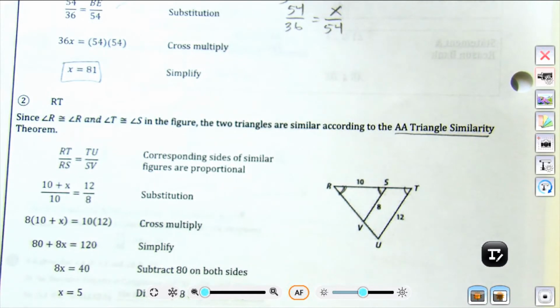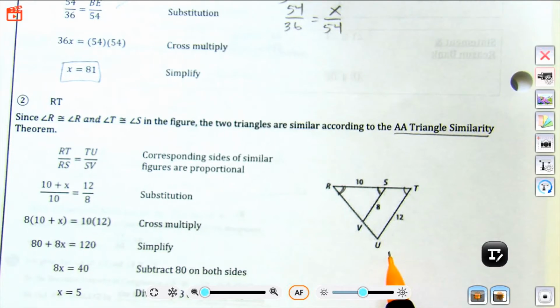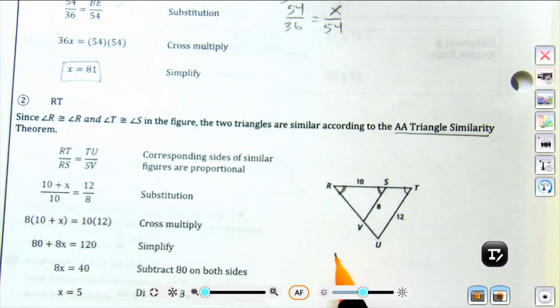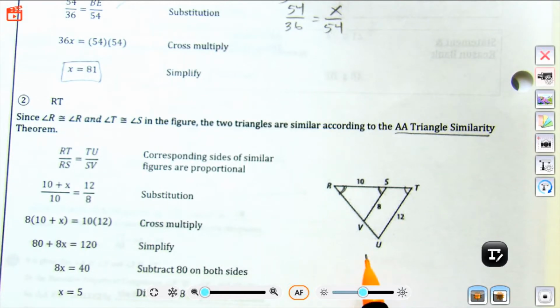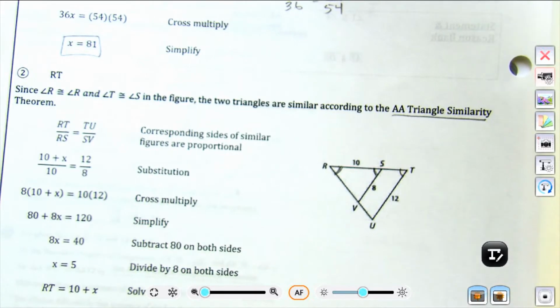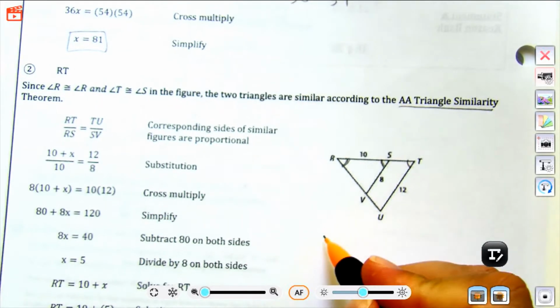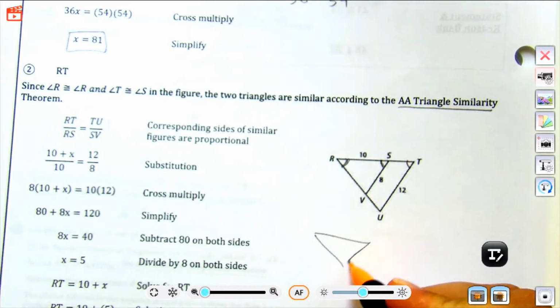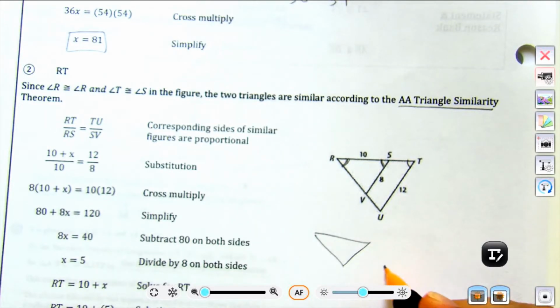So next, now that we know that, we could create our proportion to solve for RT. So in this problem, they want us to solve for RT. Now what's going to help is if I separate these two. So this is the small one. This is the big one.